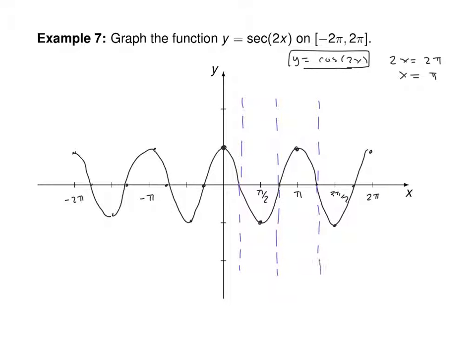What is the y value at all of those points? And what happens when you divide by 0? You get a vertical asymptote. Because at these points, the cosine is 0, right? You're graphing secant, which is 1 over cosine. And when you have a number over 0 in the denominator, that makes a vertical asymptote.